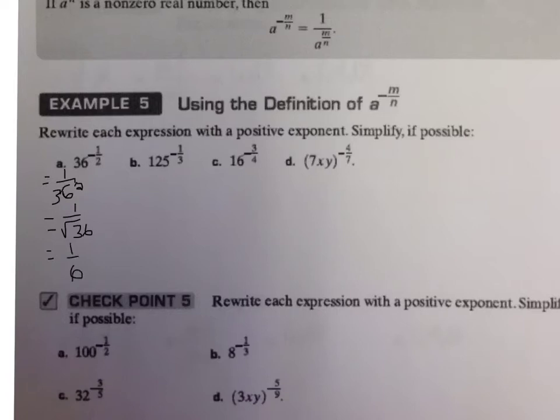So that's A. B, we got 125 to the negative 1/3, and we can rewrite that so that it has a positive exponent by putting it under a 1. So it would be 1 over 125 to the positive 1/3.